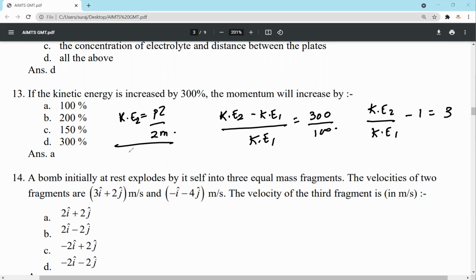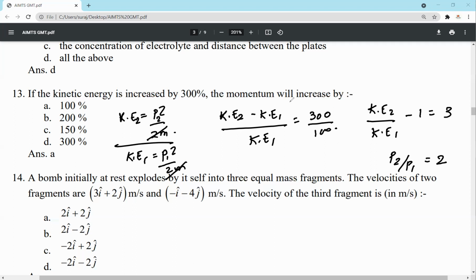Now KE2 by KE1 is P2 by P1 whole square, as the 2m cancel. So P2 by P1 whole square becomes 4. The root of 4 is 2, so P2 by P1 equals 2.